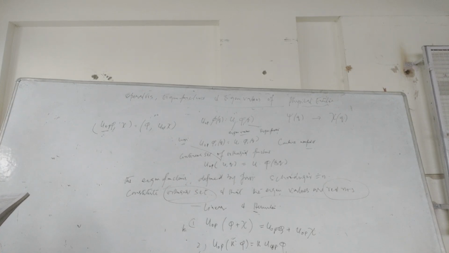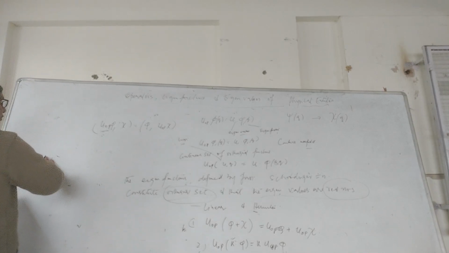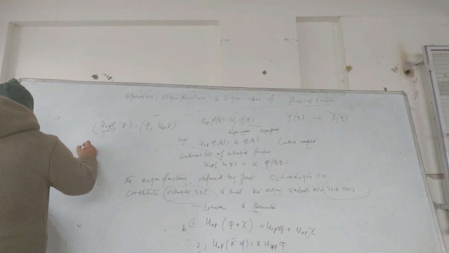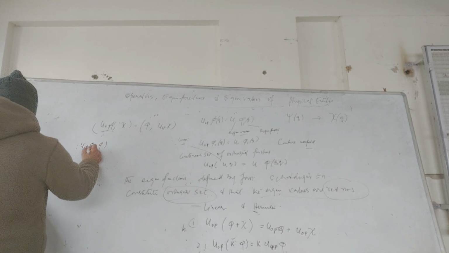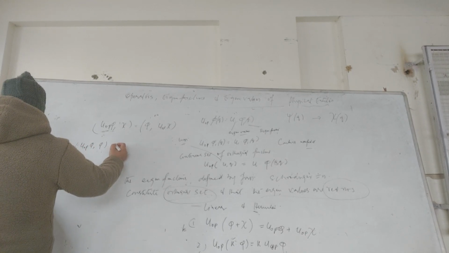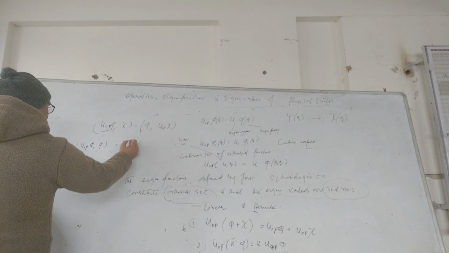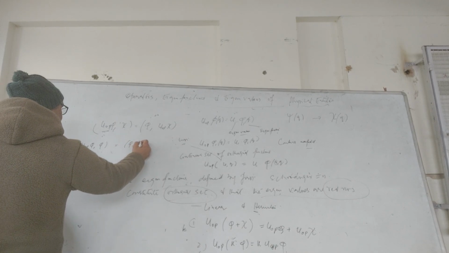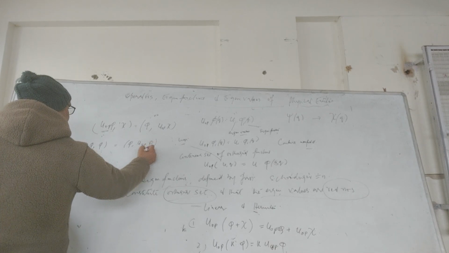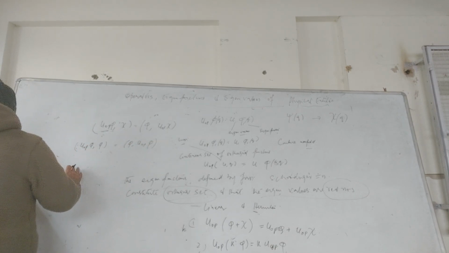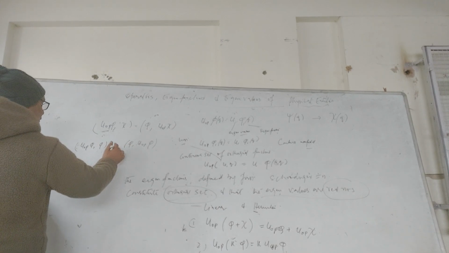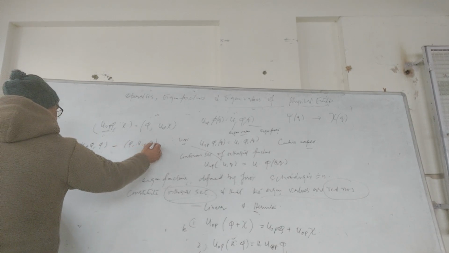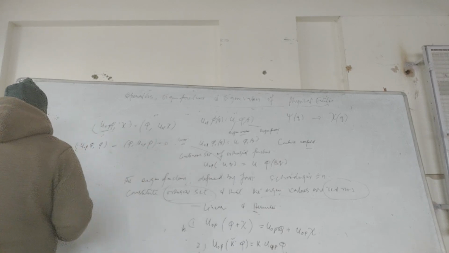So we can prove it for an orthogonal set, for the latter condition. If phi is chi, then the inner product of U phi with phi is equivalent to phi with U phi. So if it comes out to be minus, it is equivalent to 0.